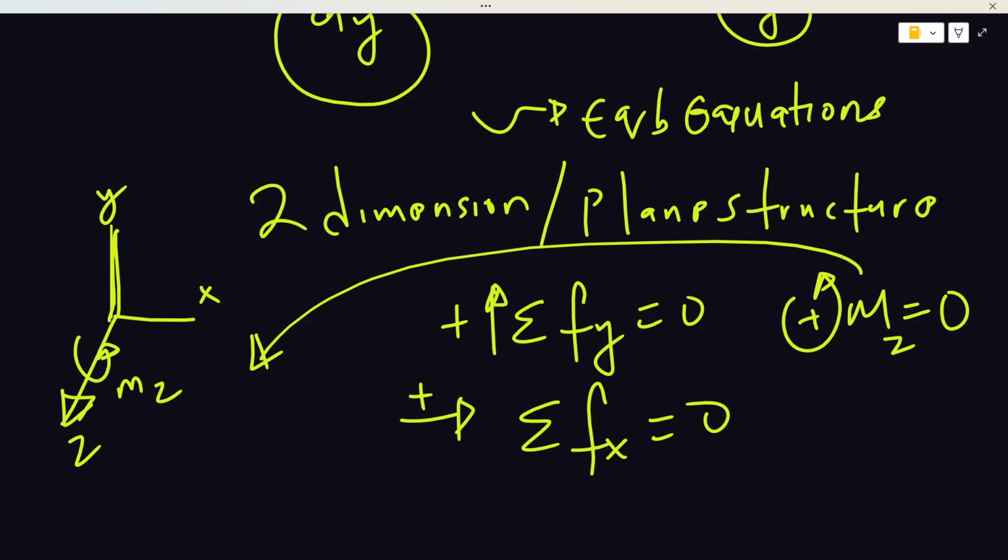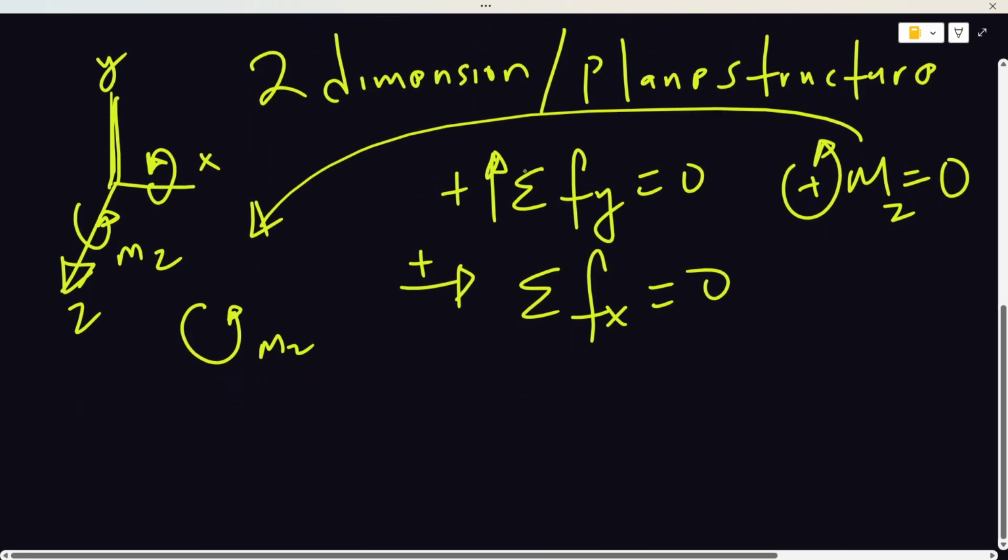Basically, this moment is the moment you can see from the screen. So that is why we call it Mz. Had it been Mx, it would create torsion on our two-dimensional structure. I hope we understand, but we'll go into that later.